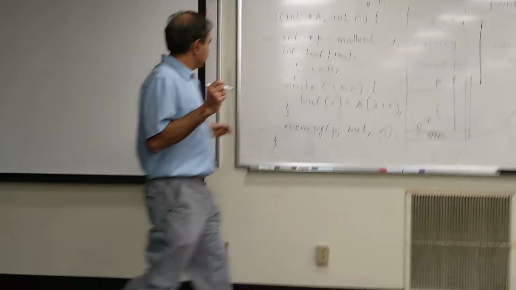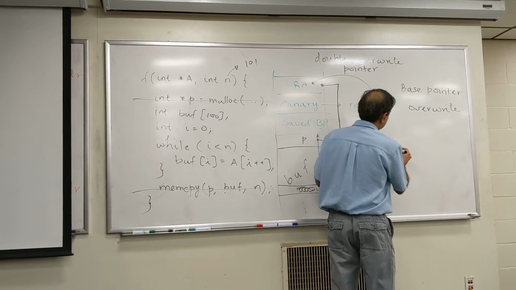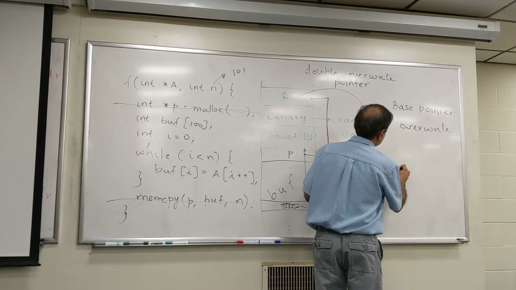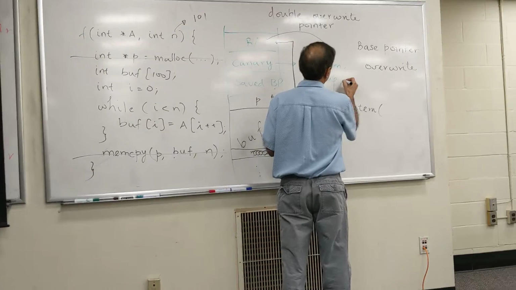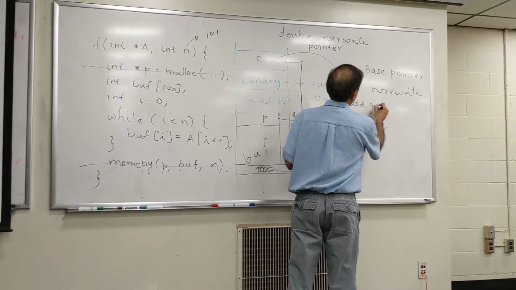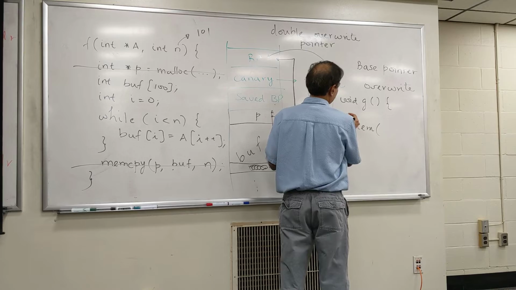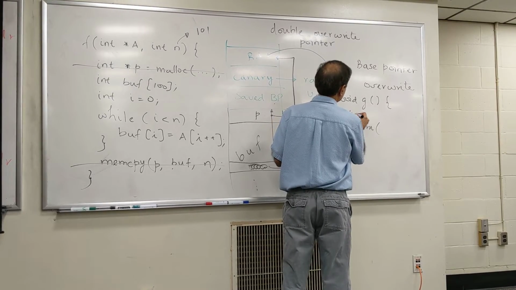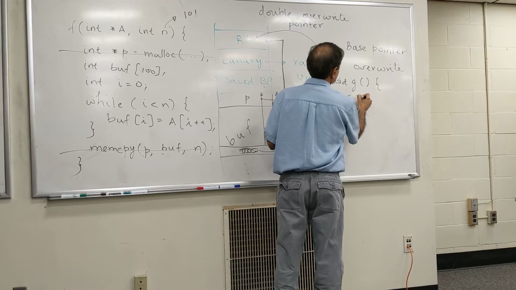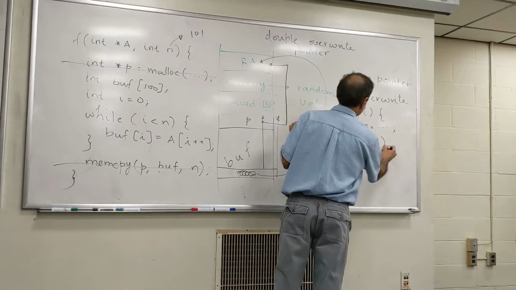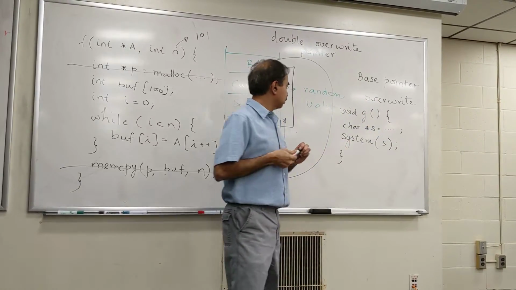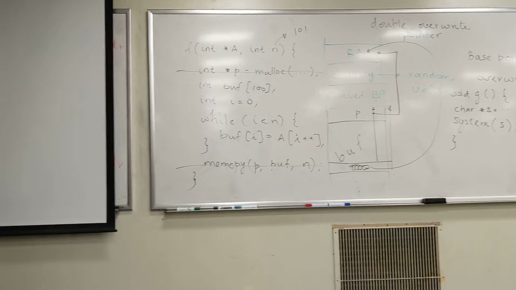So let's say the caller had something like this. System is a function that you can call in C to execute a command.